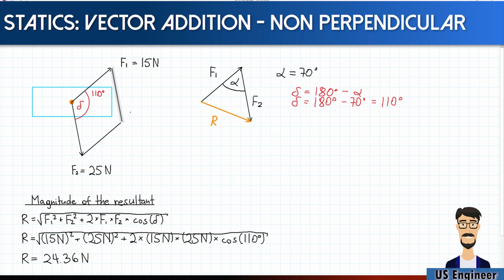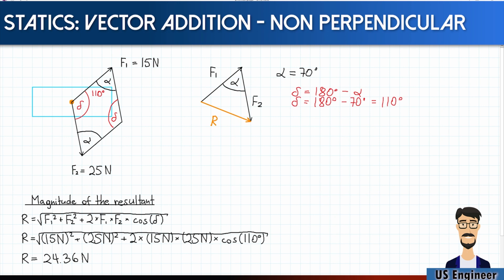As you can see, this is the angle delta, the same as this one, and this angle is alpha. Now, this angle is alpha as well.